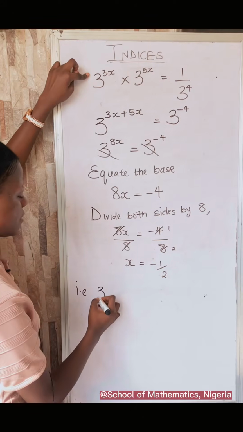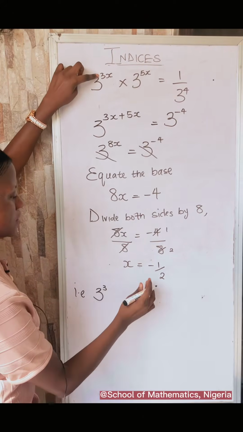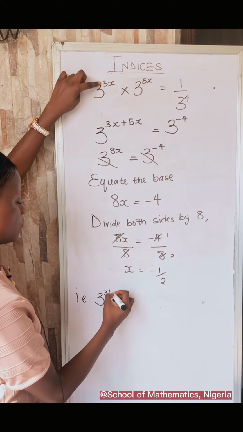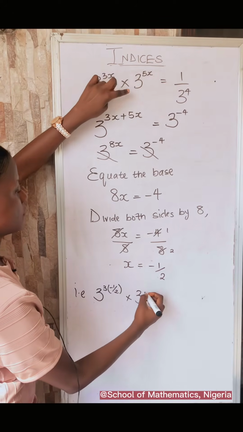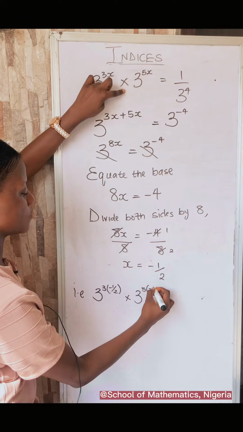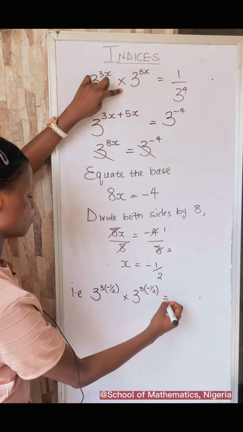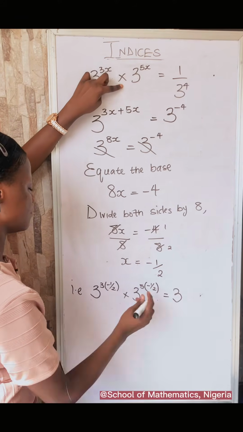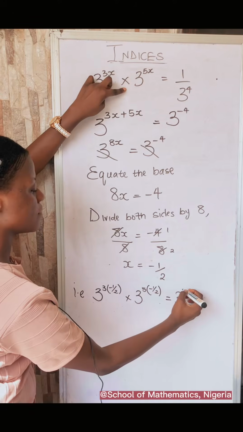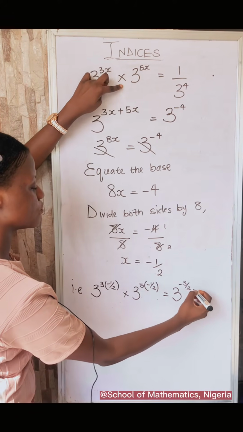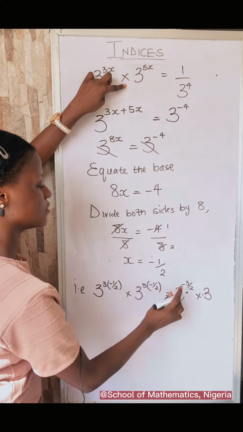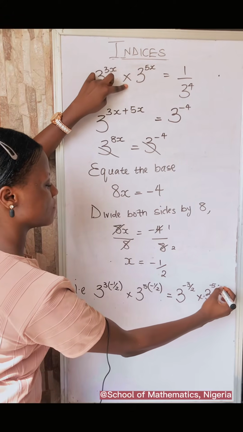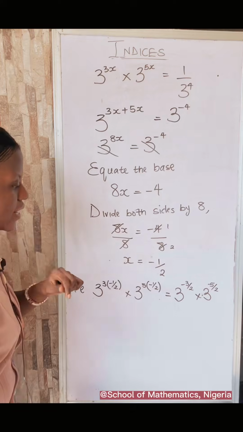We have 3 raised to the power of 3x, and they said x is minus 1 over 2. Then times 3 raised to the power of 5x, x is minus 1 over 2. So multiplying through, we have 3 times minus half is minus 3 over 2, times 5 times minus half is minus 5 over 2, right?